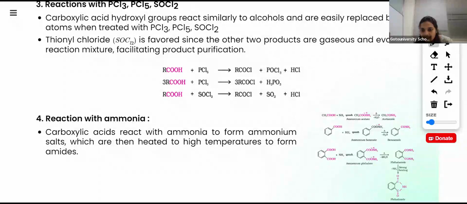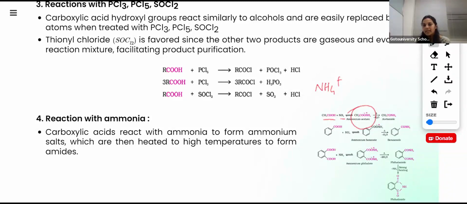So this acid is reacting with the ammonia and produces ammonium acetate. This is ammonium acetate. Acid reacting with NH3 gives ammonium acetate, so the NH4 plus group will be there. Nothing is eliminated.